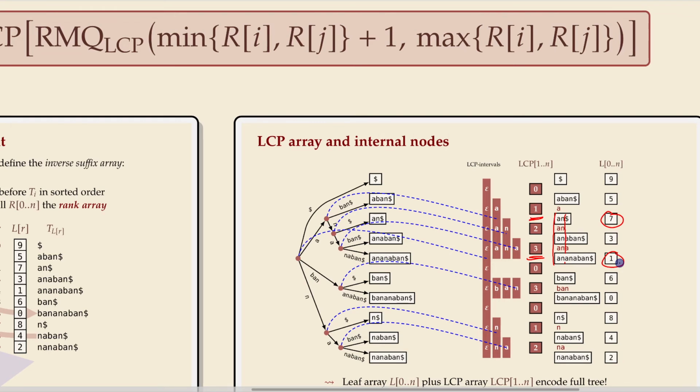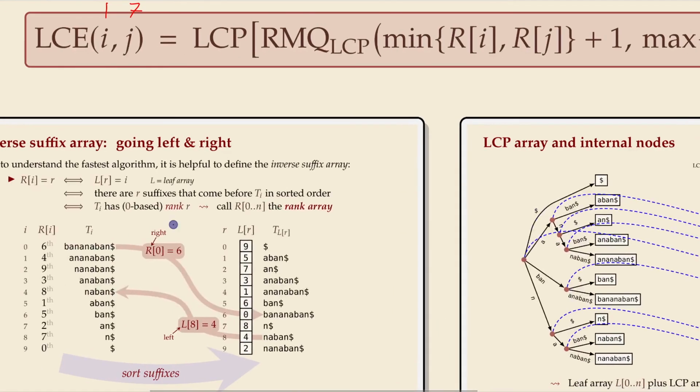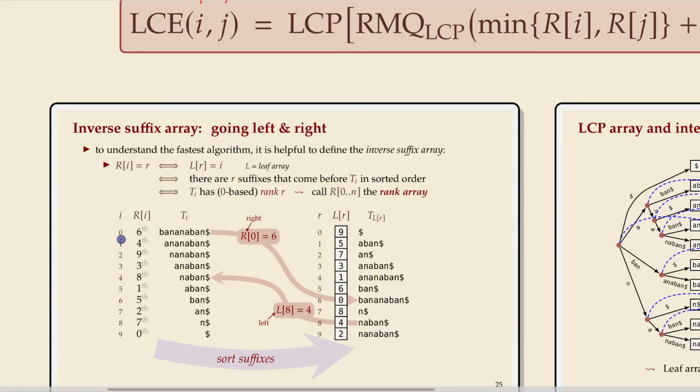You don't want to spend a linear search doing that, and you don't have to. Instead, you know where they start. So you know 1 and 7. So you go to 1 and 7 in the position of the text. You use the rank array to find where in the sorted order they are. And so that gives you at position 2 and 4, you find your two suffixes that you're looking for.